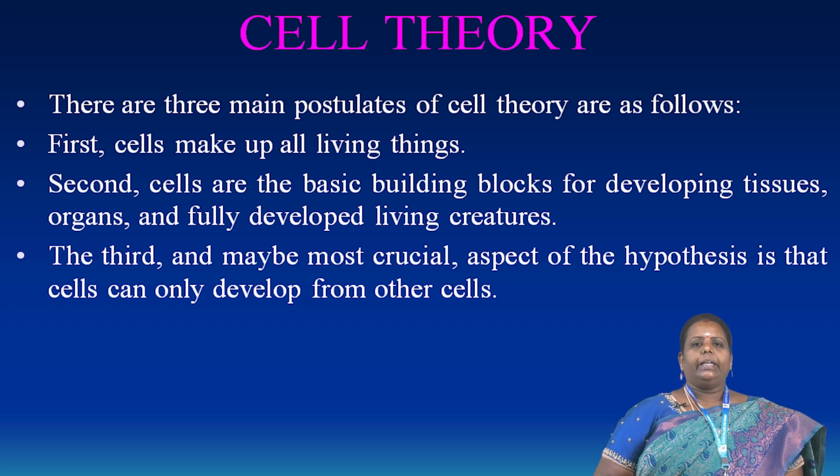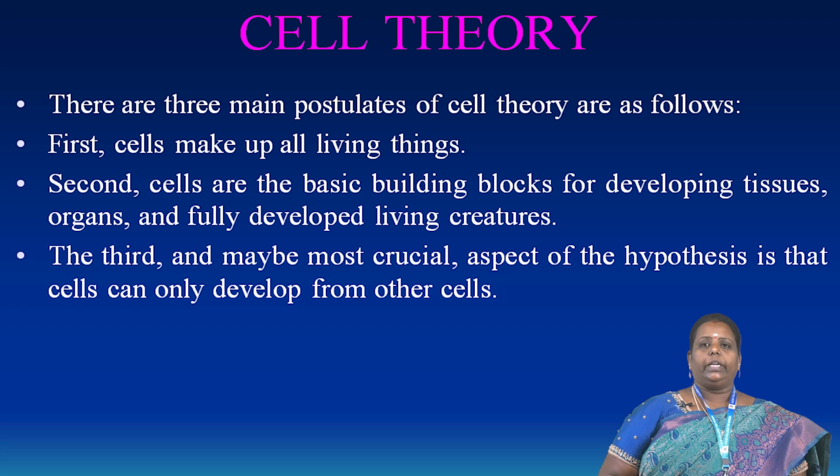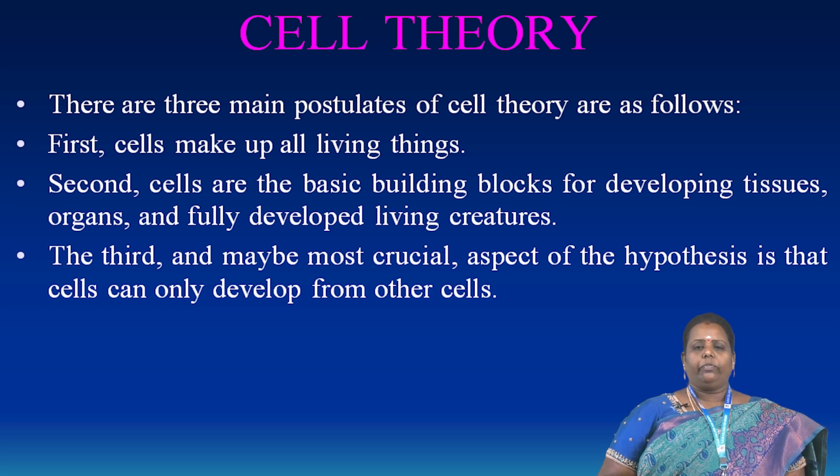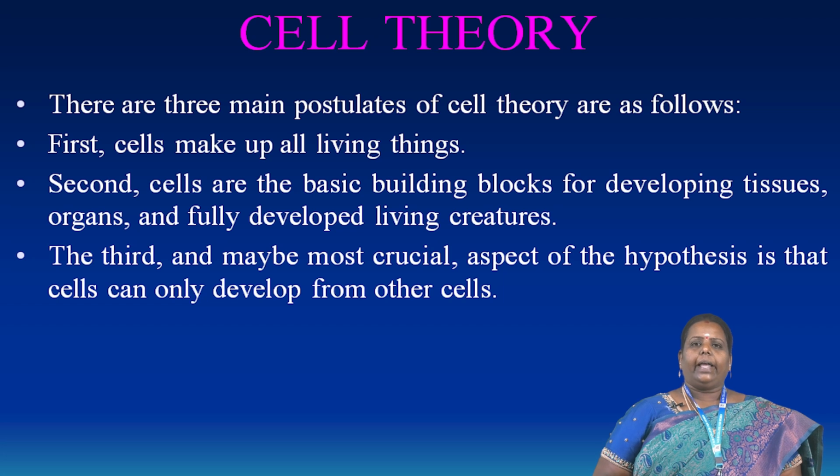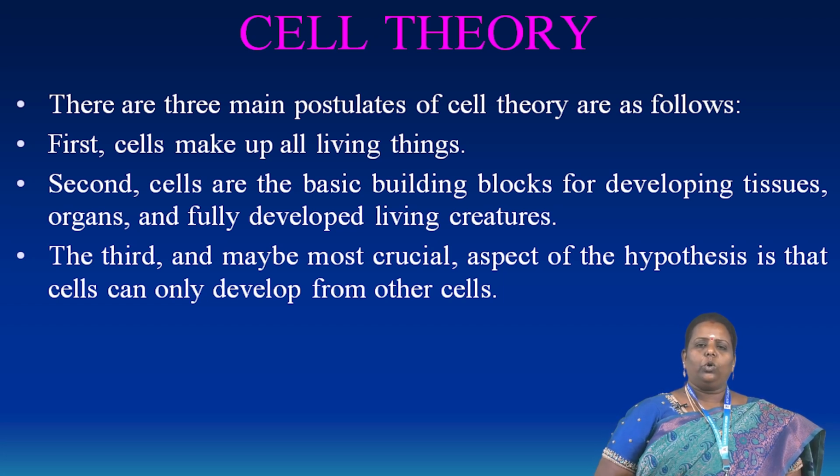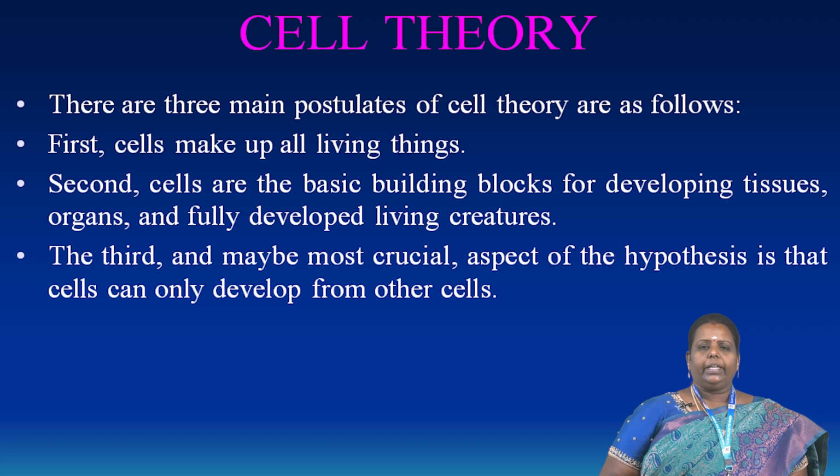The second one is: cells are the basic building blocks for developing all the tissues, organs and fully developed living creatures. One thing is growth: the embryo is formed by cell division, 2 cell, 8 cell, 16 cell, 32 cell, blastula, gastrula, morula and organ formation. Everything that is fully developed is based on cells.